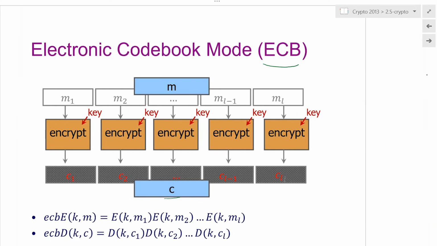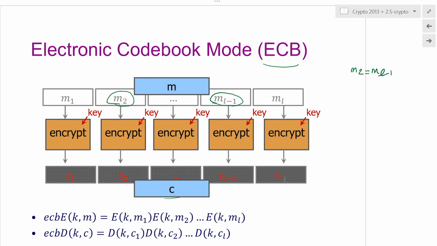All right, let's say it's given that two pieces of the messages are the same. It happened that your file has some structure, and then some parts would repeat. So in this scenario, we suppose that M2 equals ML minus 1. And let's see what would be the effect of that.